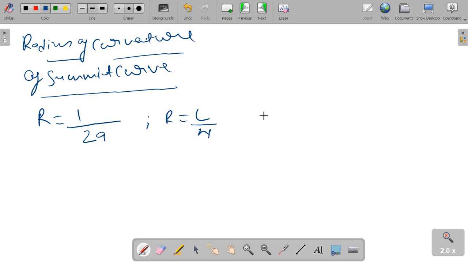But the minimum radius of summit curve should be such that the rate of radial deceleration should not be greater than 0.75 meter per second square. Do remember this thing.